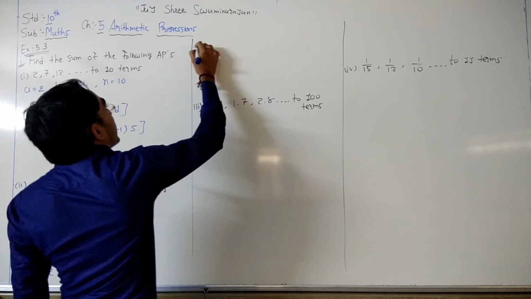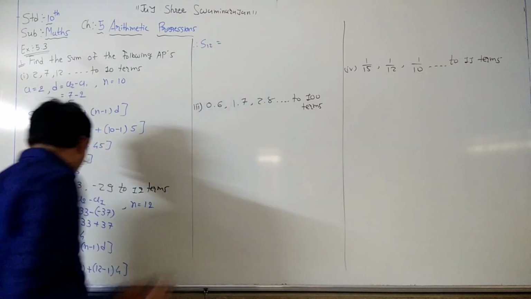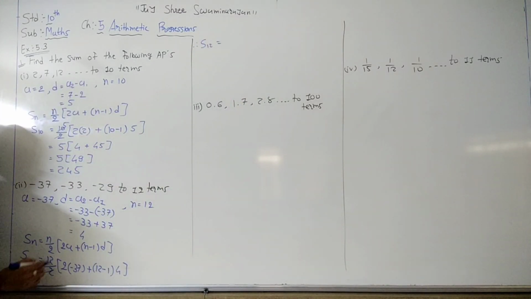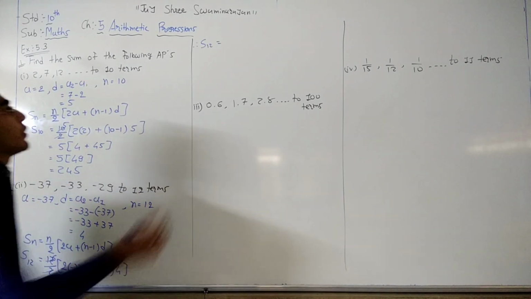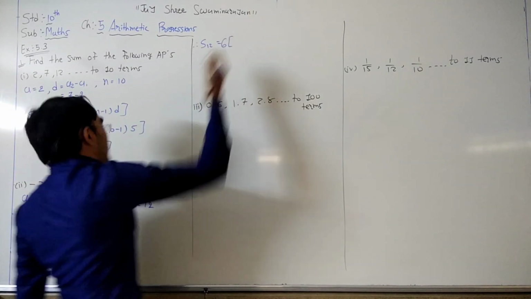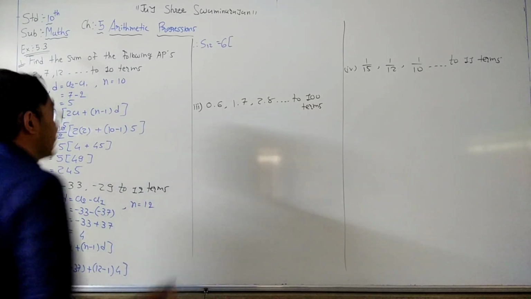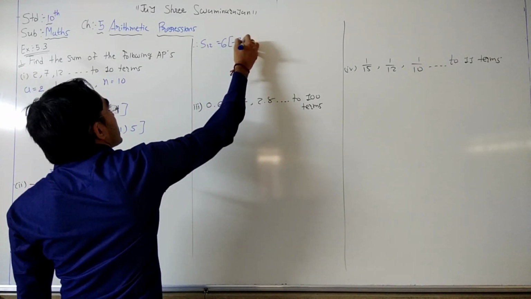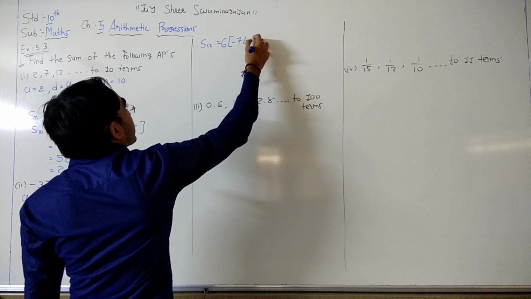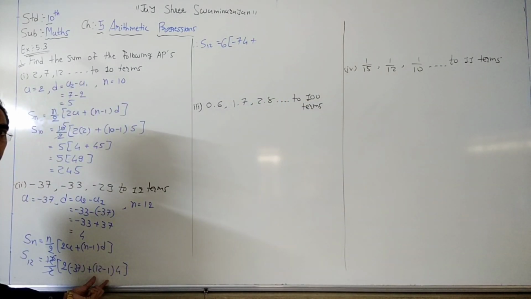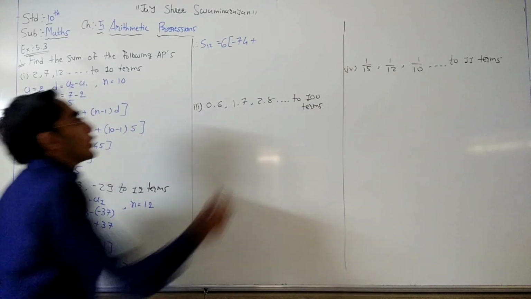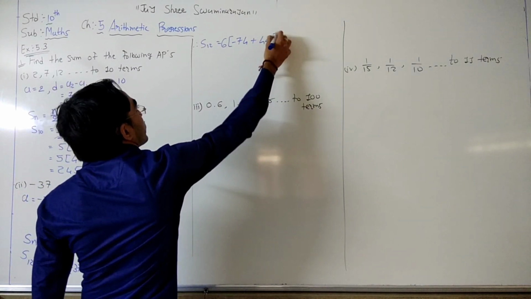Okay, so now 12 is equal to, now we can cut here, 2 6s are 12, so here 6. Now in bracket minus 37 into 2, minus 74, plus 12 minus 1, 11, 11 into 4, 44.